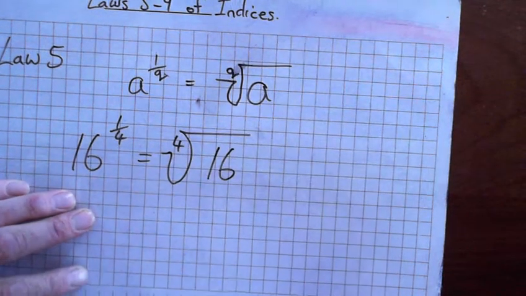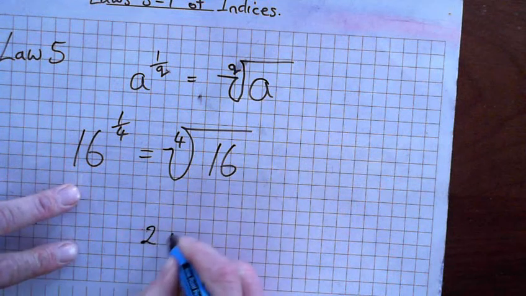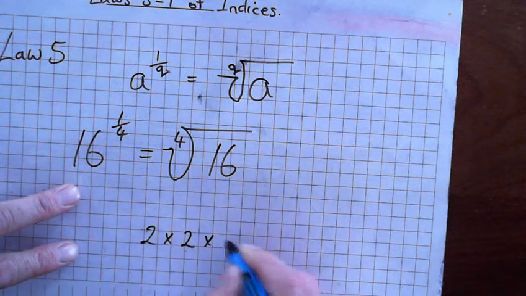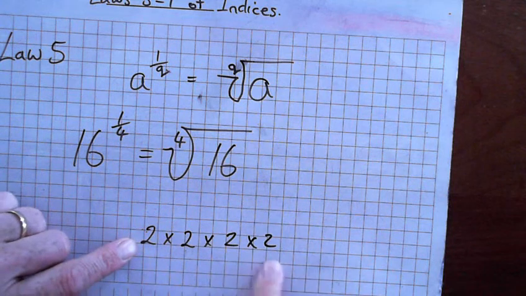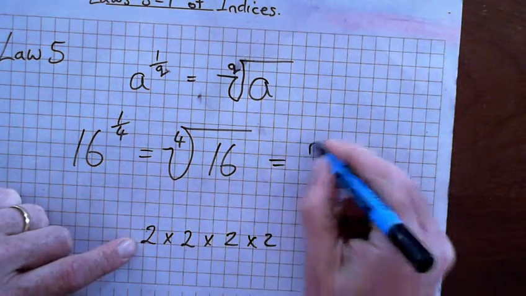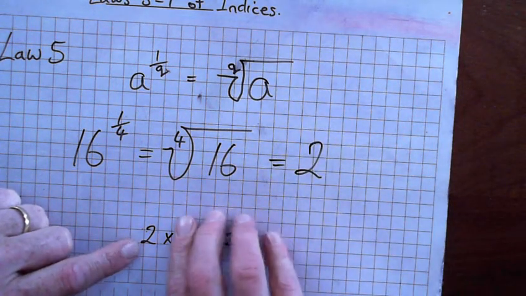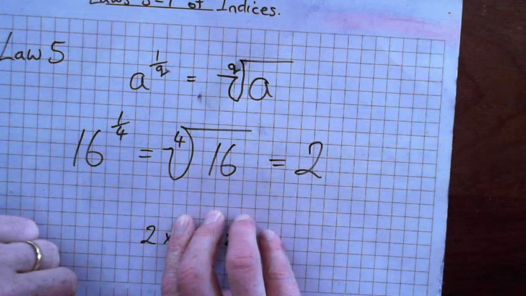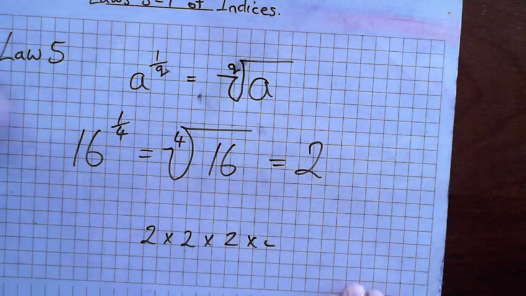Now if you notice, 16 is 2 by 2 by 2 by 2. There's four 2's. The answer is just one of the 2's. 2 by 2 by 2 by 2 is 16.